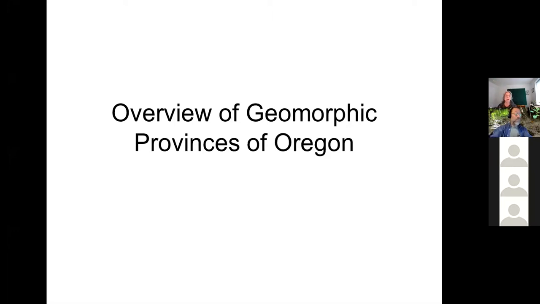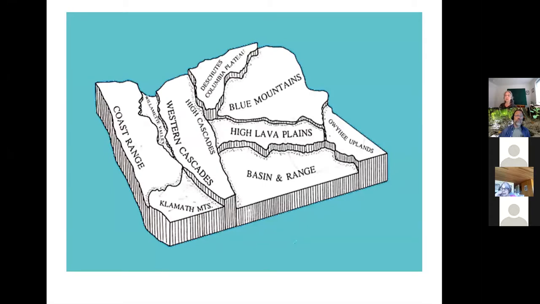So what I'd like to do here is give an overview of the geomorphic provinces of Oregon. Sometimes these are called the physiographic provinces, and sometimes simply the geologic provinces, but the state is broken up into several pieces. You might be familiar with them.